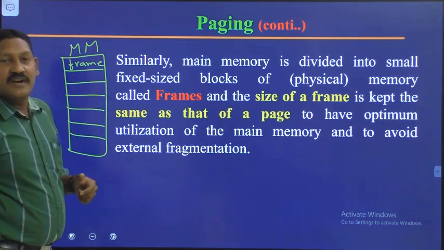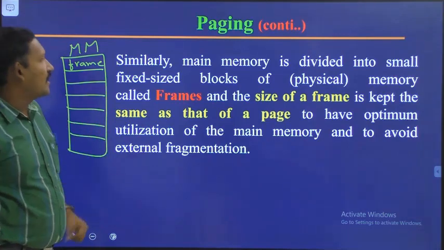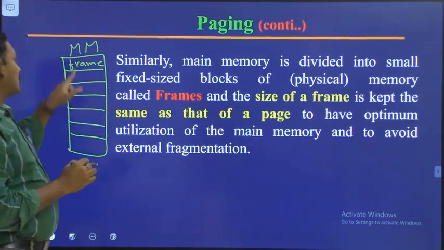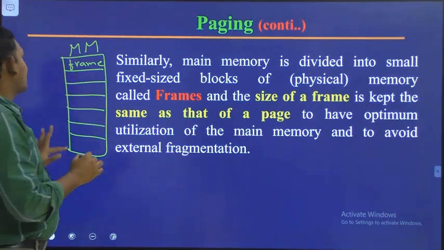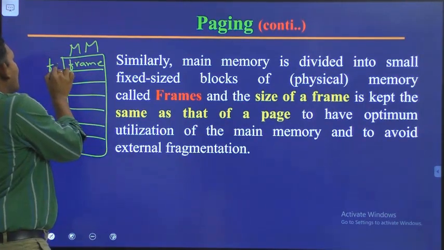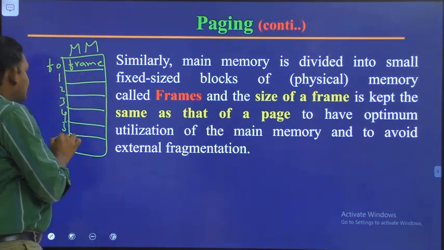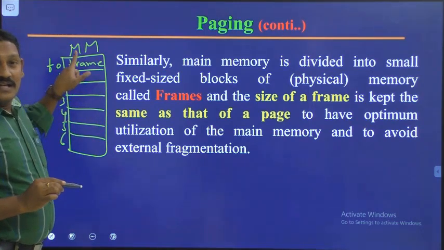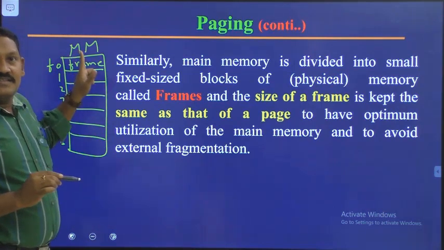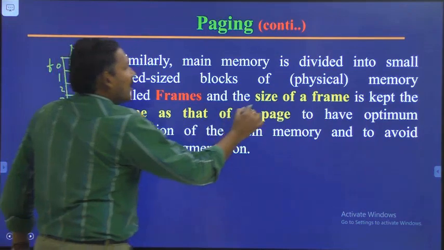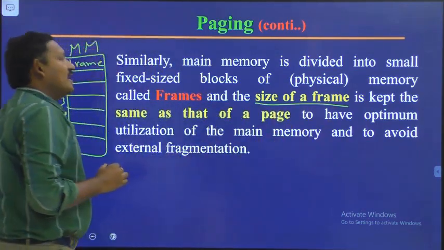The main memory is divided into fixed-size frames. Here also it is divided into a number of frames, and the size of each frame should be equal. F0 means frame 0, frame 1, 2, 3, 4, 5, 6. Here also the size of each frame is one and the same.